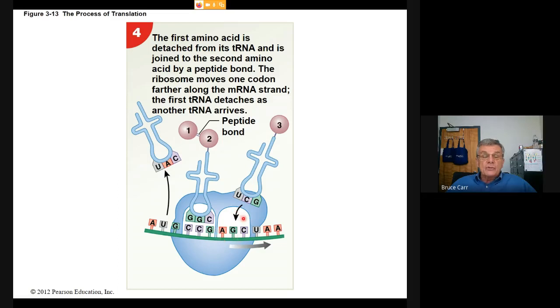And when that happens, the protein falls off of the tRNA and it's done. The tRNAs, by the way, these empty tRNAs, the cell is grabbing those up and repositioning, putting, for instance, this UAC is going to put a methionine right on there, and it's ready to go again. It's reused.